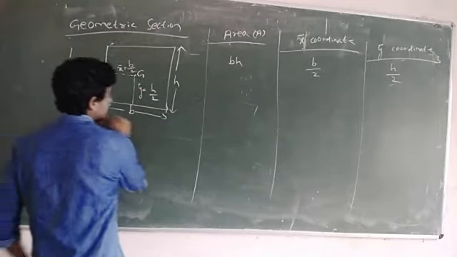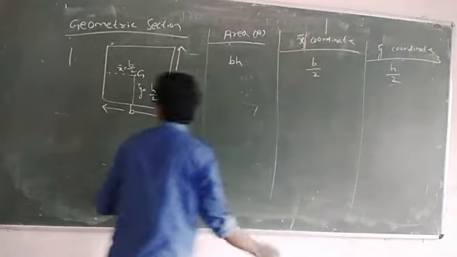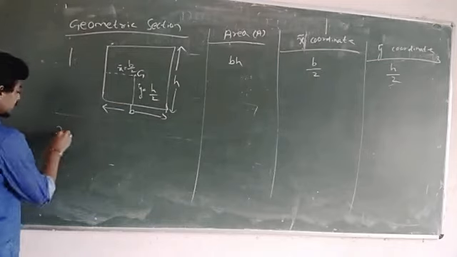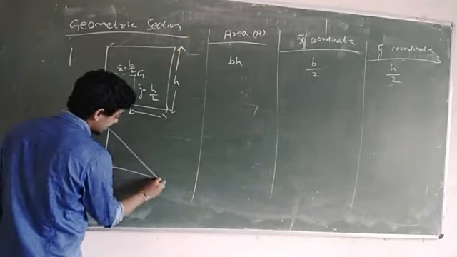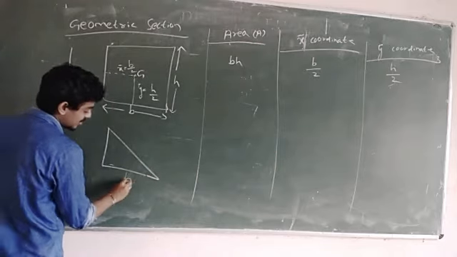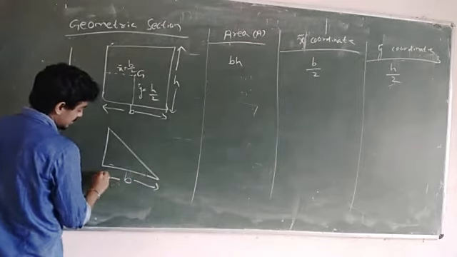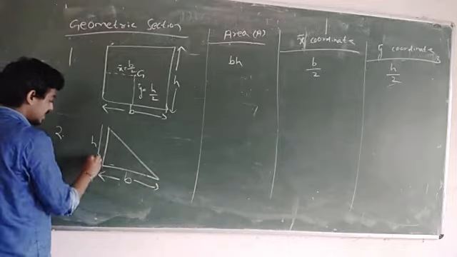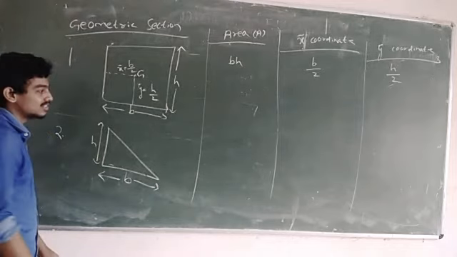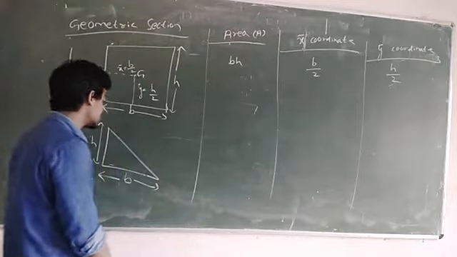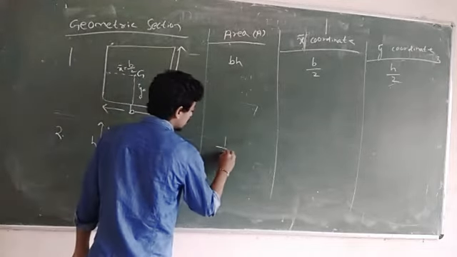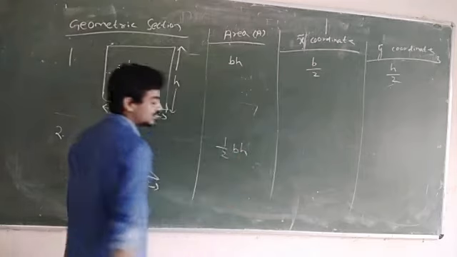This is the rectangular section. Next, suppose I am taking a right angle triangle, with width b and height h. You already know the area of a triangle is half into base into height, so it will be half b h.